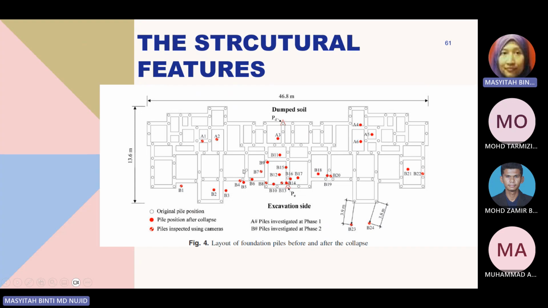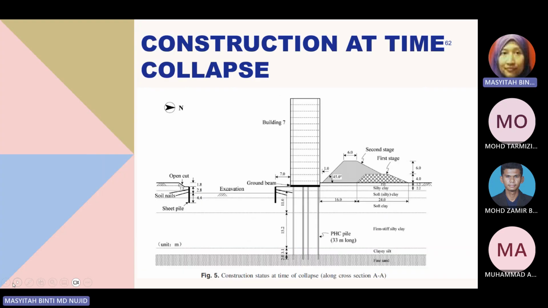So if you look at this one, there were a lot of instruments being placed in the profile because they wanted to have a good view of what they could get from the failure of the site. So these images show the positions of the piles, and then the piles were inserted with cameras and some other things.